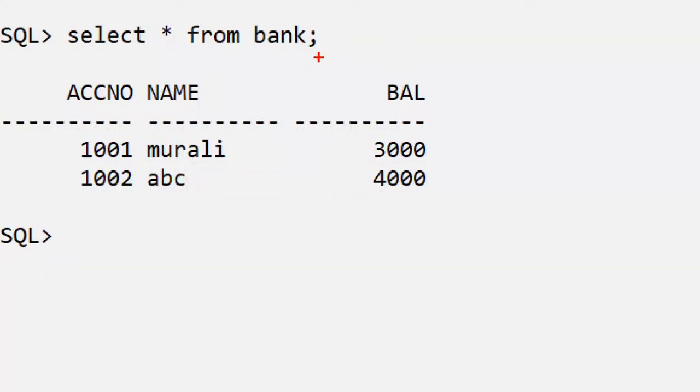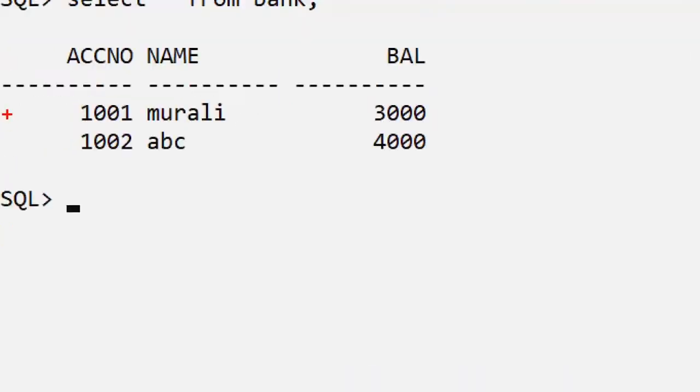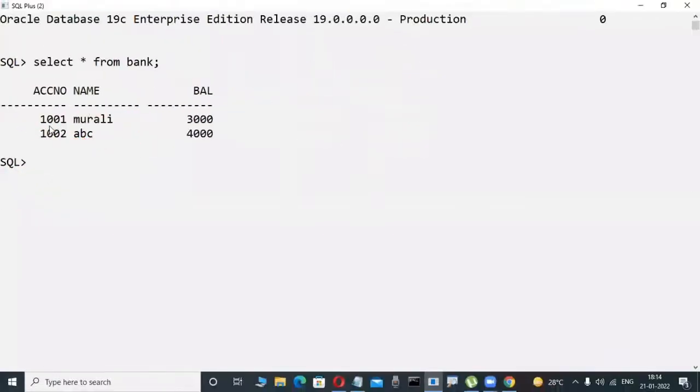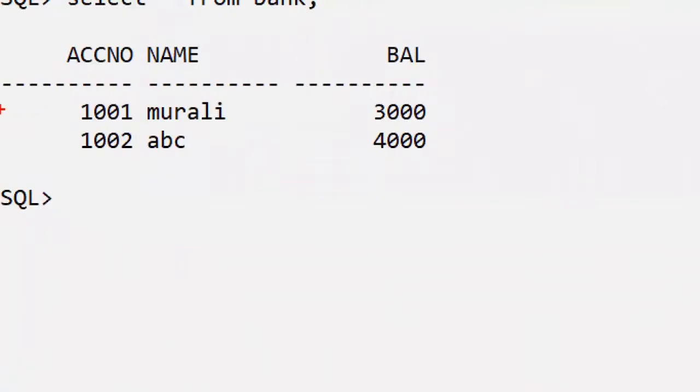Suppose this is a bank, for example the SBI bank. In this bank, this is the data. Observe here, these are columns: account number, name, and balance. These are called columns. Here these are 1001 and so on. These are called rows or data. Suppose this data, observe it here for 1 minute. 1001 is an account number.